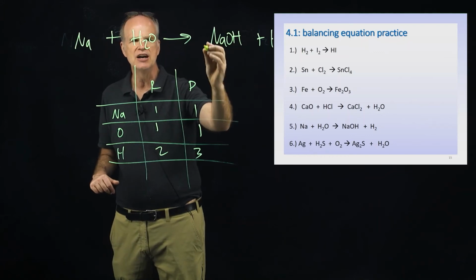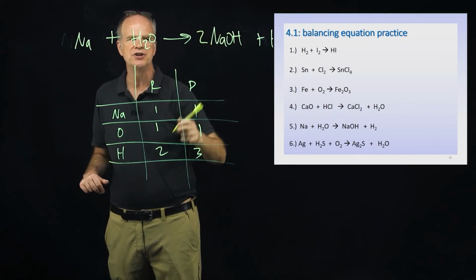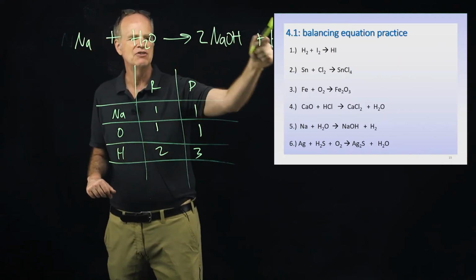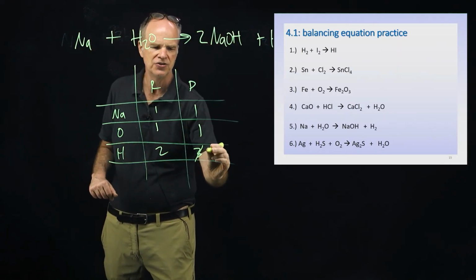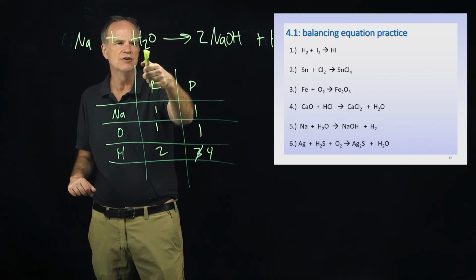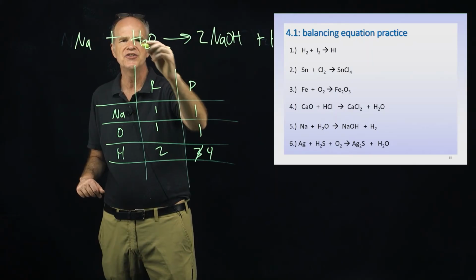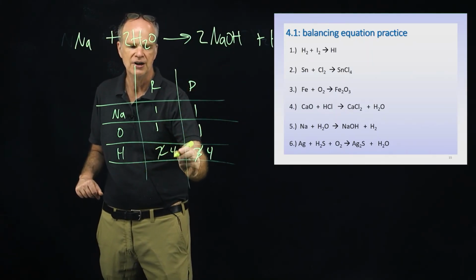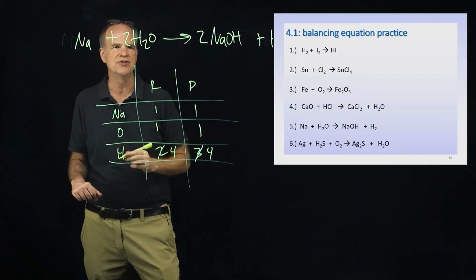Let's make this an even number by putting a 2 here. So we have 2 hydrogens there, and so now we have a total of 4 hydrogens. So I'm going to change this here to 4. Now, can we balance the hydrogens here with the 4 we have on the right side? Yes. If we put a 2 there, then we have 4 hydrogen atoms on the reactant side.